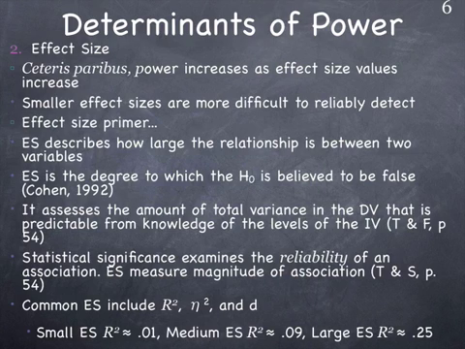So small effect size is R square of about 0.01. And this is right from the Cohen article. Medium effect size is an R squared, this is R squared, not R, of 0.09. And large is 0.25. So if you read a study and they report an R square of 0.085, what would you say?